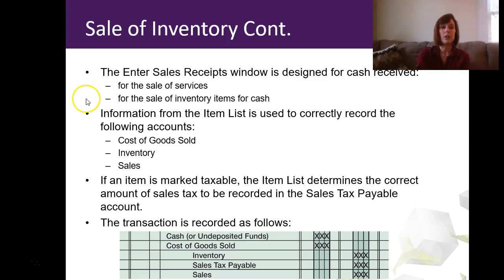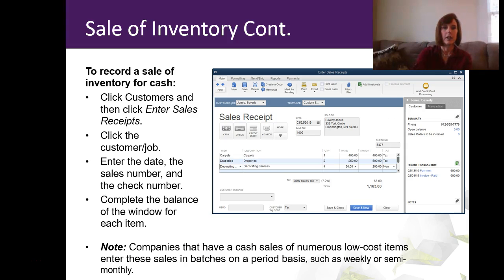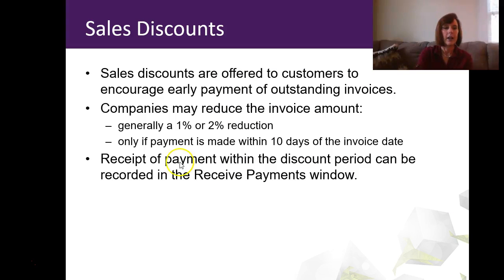And then we're going to be doing this transaction through the Enter Sales Receipts window rather than the Create Invoices window. And it looks very similar. And I'm going to pause here, and we'll just jump over and look at that.